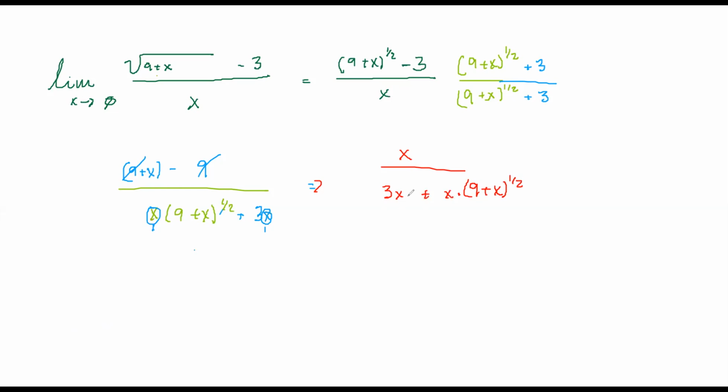So what I'm going to do is in this bottom part, I have x times something here, and I have x times something here. So I'm going to say this is x times the quantity 3 plus 9 plus x. So it's a big bracket-like thing. It's not like a simple parentheses, but the x is on the outside because I do have an x times 3. So if I were to distribute this back in, I'd end up with x times 3 plus x times 9 plus x to the 1/2.